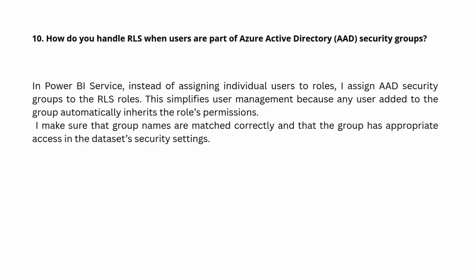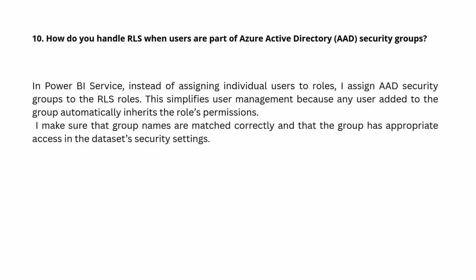How do you handle RLS when a user is part of an Azure Active Directory security group? In Power BI service, instead of assigning individual users to roles, the Azure Active Directory security group is assigned to the RLS roles. So this basically simplifies the whole process.